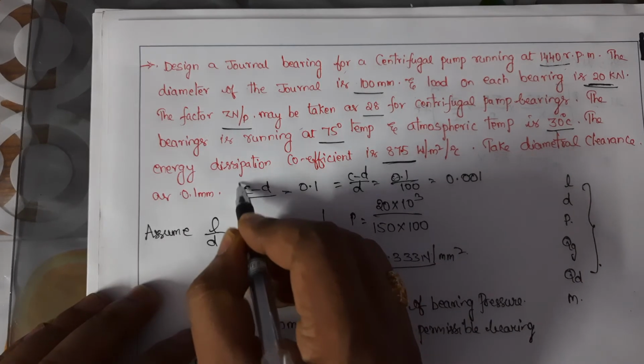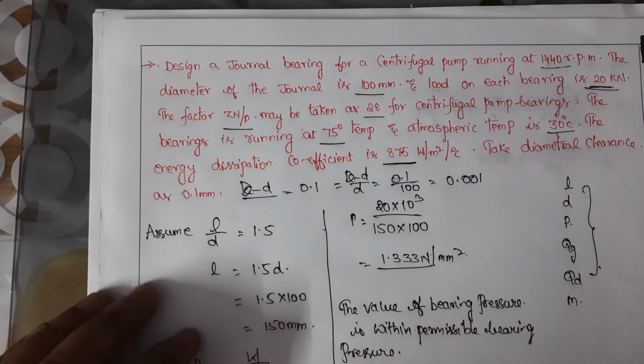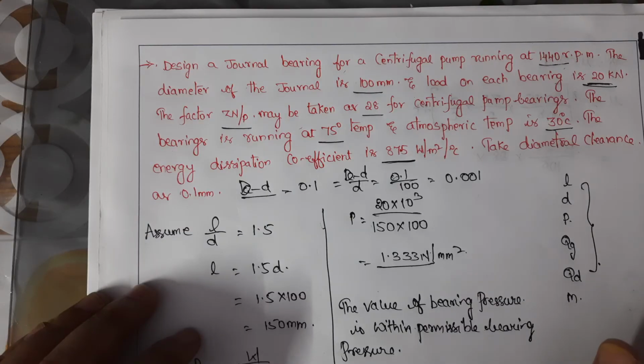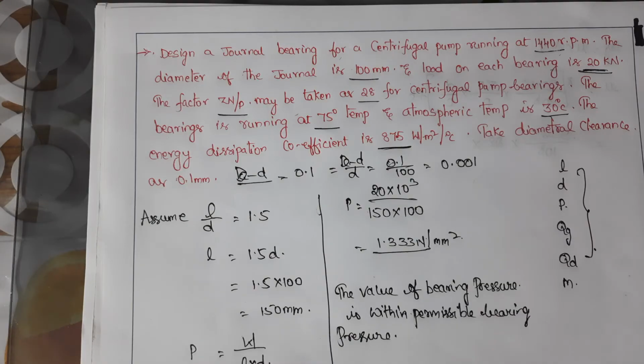Diametral clearance is nothing but the difference between the dia of bearing and the journal.